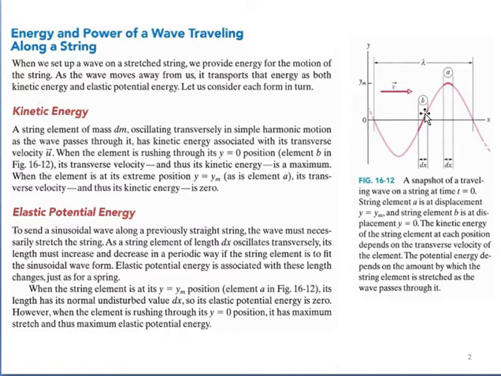One by one. The first, the kinetic energy. Consider a string element of mass dm which is oscillating in a transverse way in a simple harmonic motion when the wave passes through the string.